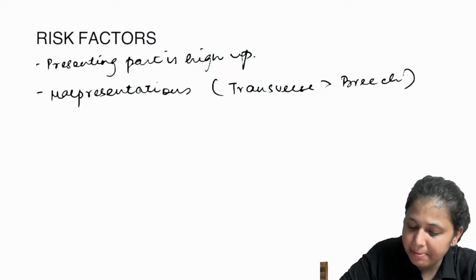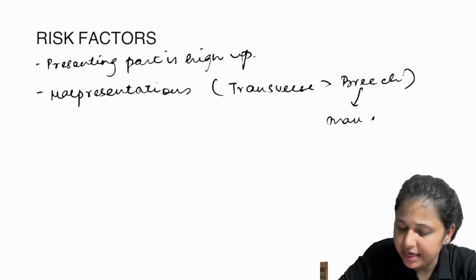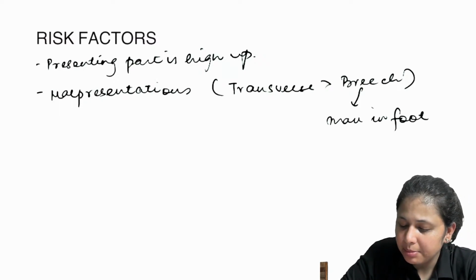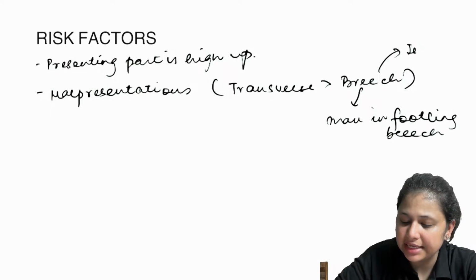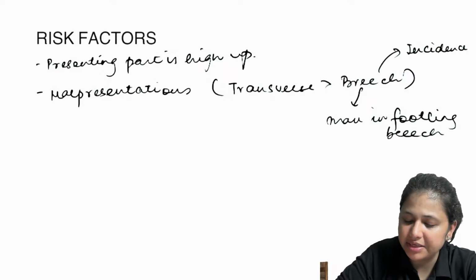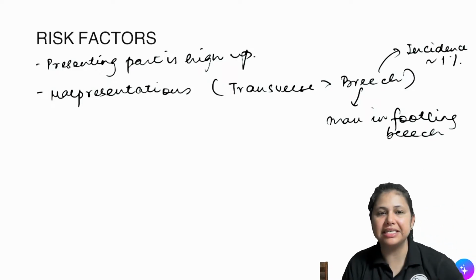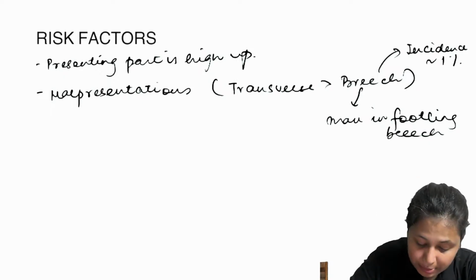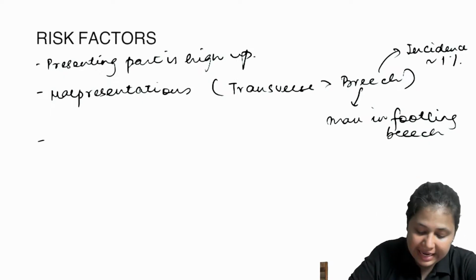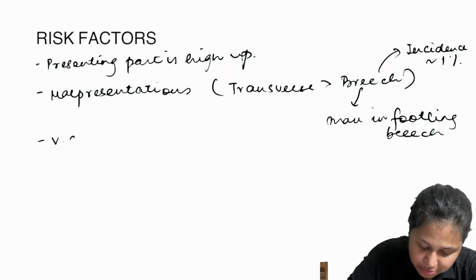And in breech, remember, it is maximum in footling breech, right? In breech, the incidence of cord prolapse is near about 1%, right? So the cervix may also not be occluded very well in case of a very small baby.